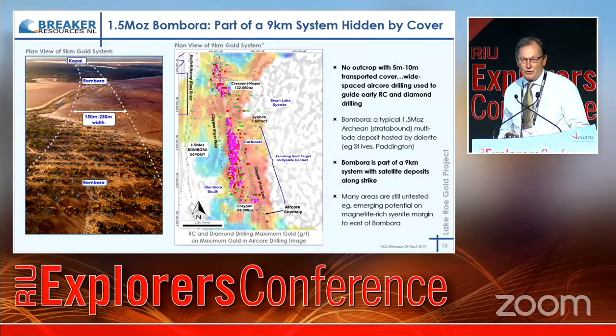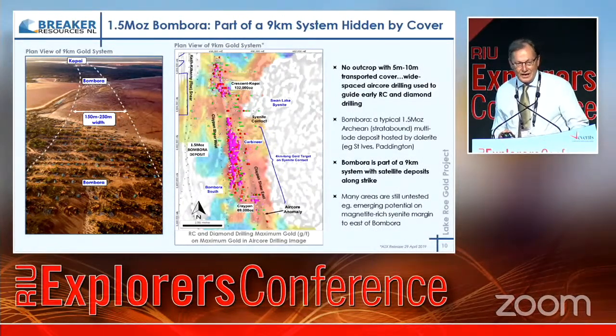They're sitting on an air core image shown in orange in the background. So what you're seeing there is the main deposit, main Bomboro deposit, 1.5 million ounces. It's our initial area of focus within a gold system that's still growing.